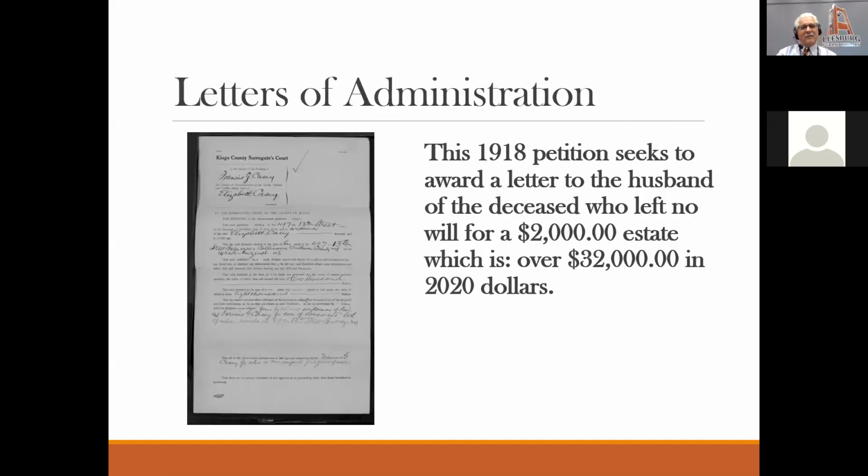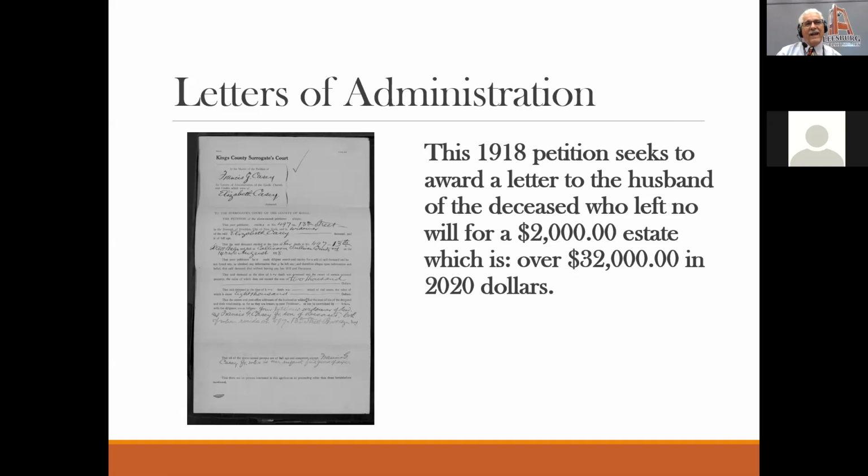Now, here's what I was telling you about, a letter of administration, because if somebody dies intestate, meaning without a will, somebody has to be appointed. Usually the deceased, before their demise, picks an executor to handle everything. But after the fact, somebody else has to take it over. A typical case, and this is what happened to me, is that in my late mother's estate, the original executor had died.